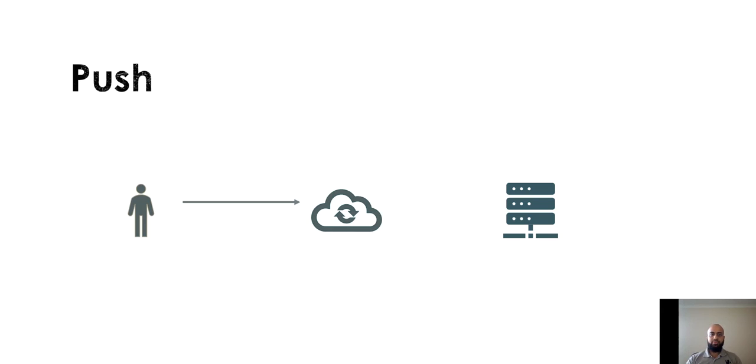The push based mechanism is slightly different. Please ignore the heading over there, I got that slightly wrong. In a push based mechanism, the origin server actually pushes the information to the edge servers without the client asking for it.